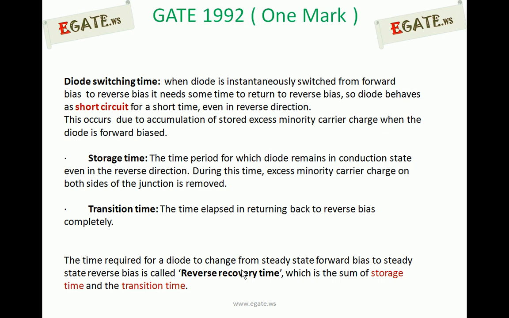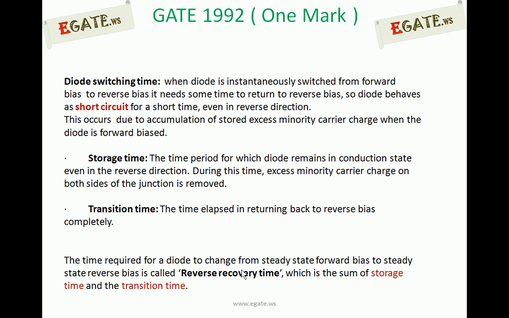During this time, excess minority carrier charge on both sides of the junction is removed. Transition time is the time elapsed in returning to reverse bias completely. So the entire time required for a diode to change from steady state forward bias to steady state reverse bias is called the reverse recovery time, which is the sum of storage time and transition time.